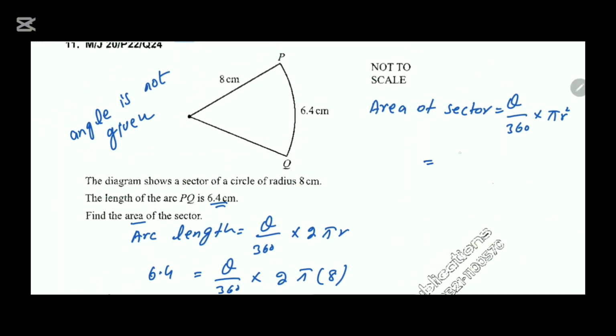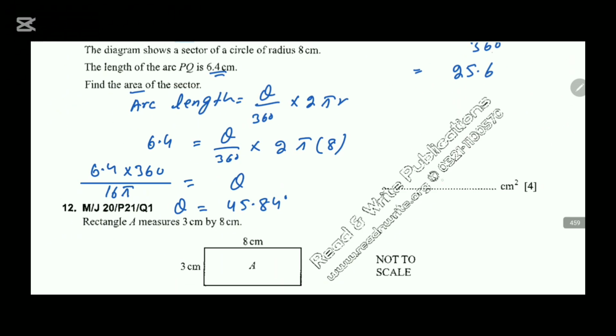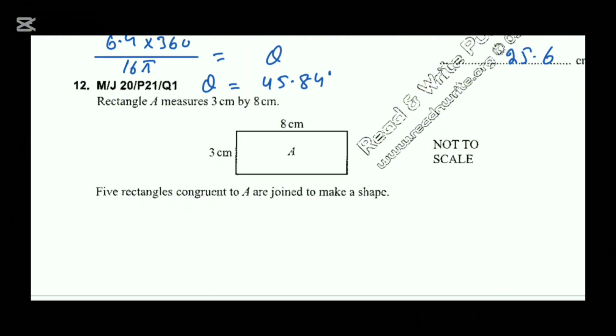Now you can use it here: 45.84 over 360 into pi r square, and r is 8, squared. When you solve it you will get 25.6 centimeter square.